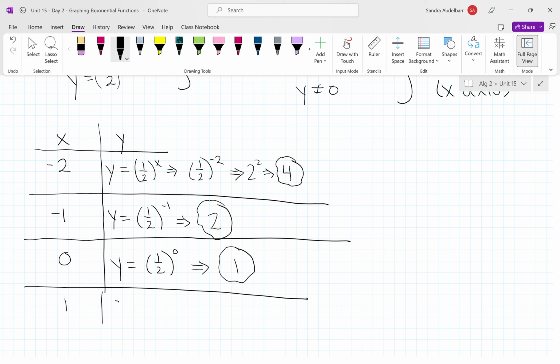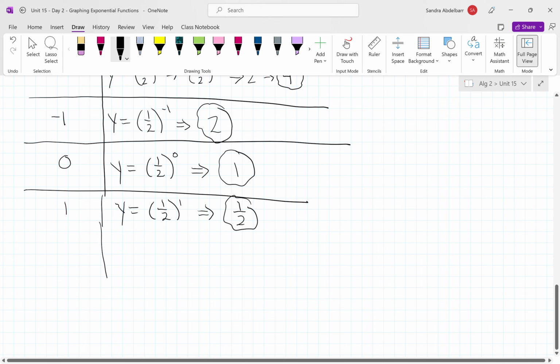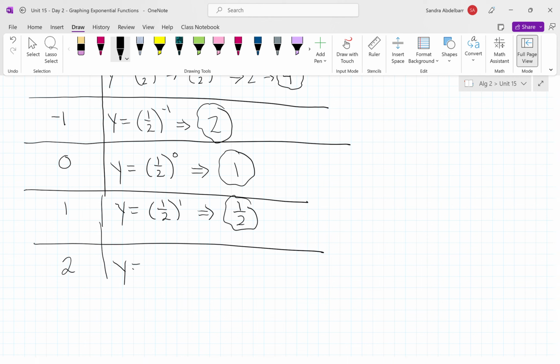And then x is equal to 1, so we have a half raised to the 1st power, which is just a half. And the last one we're going to plug in is y is equal to a half raised to the 2nd power, which is 1/4.